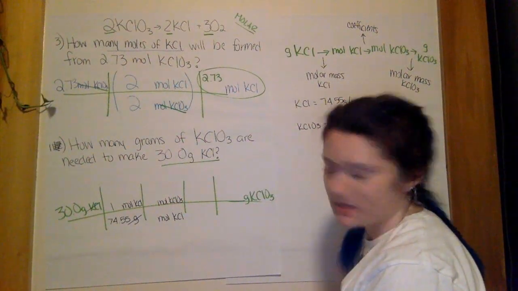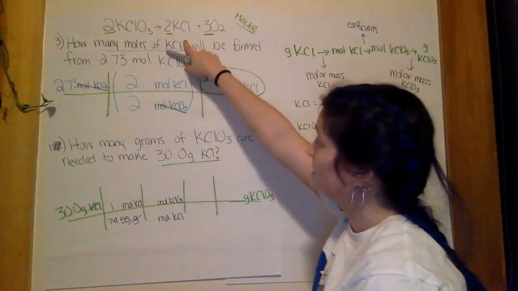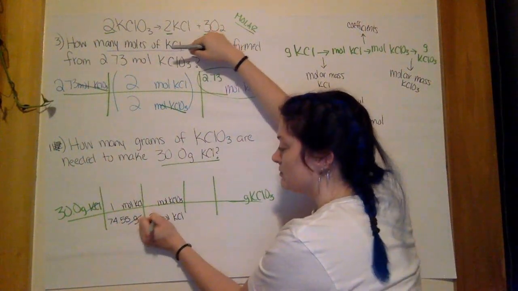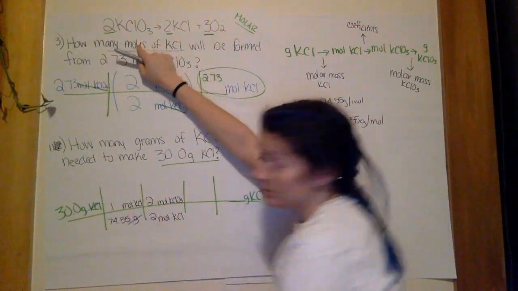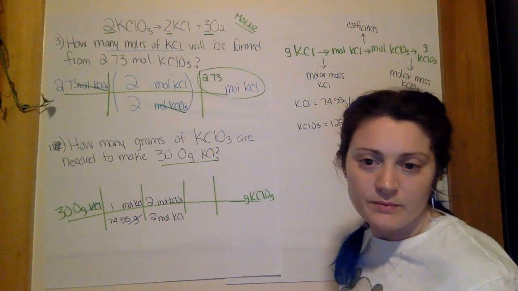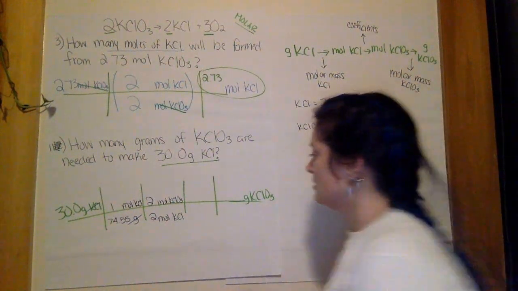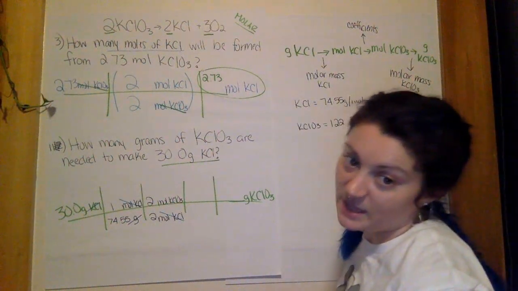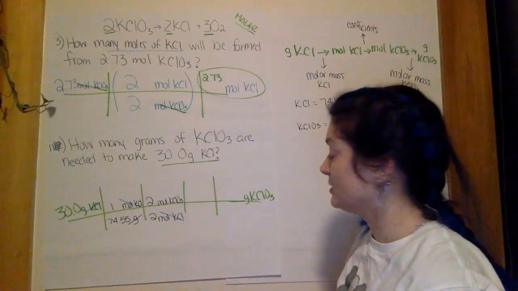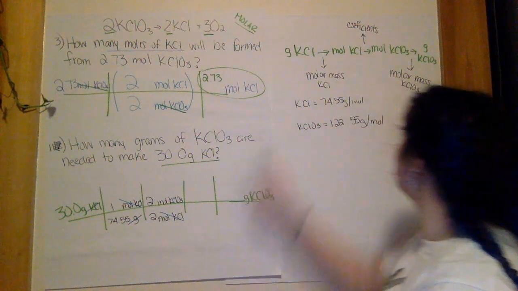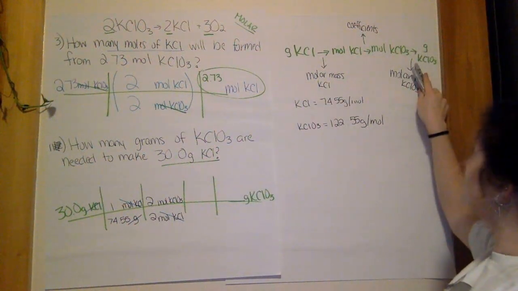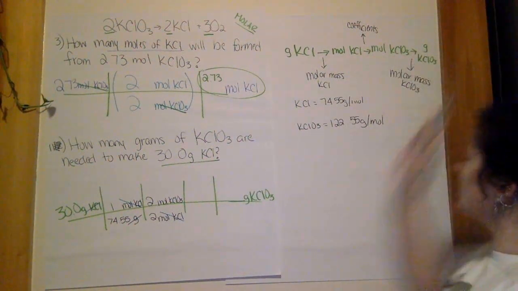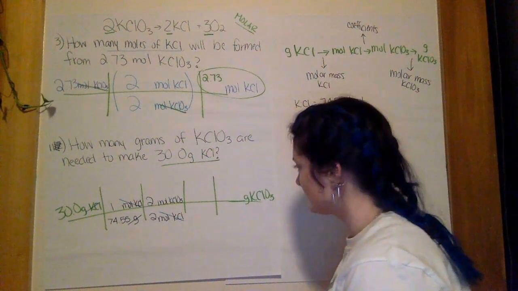And again, you get these numbers from the balanced equation: 2 for KCl, 2 for KClO3. Because of my placement, I am now canceling the moles of KCl, and I'm in moles of KClO3. Not done. Now I need to convert to mass of KClO3 using molar mass.